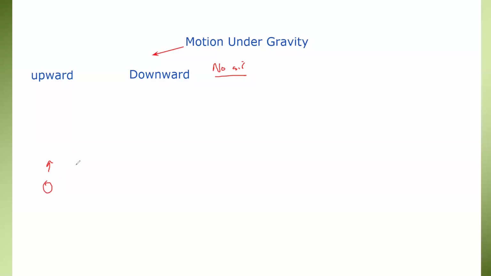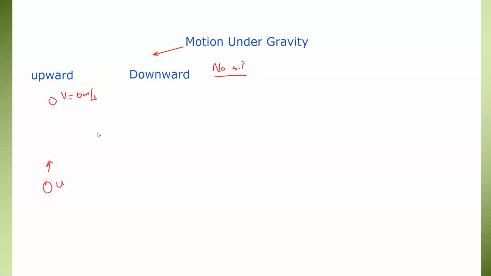What will be the initial velocity of this object? We call the initial velocity u. When the object reaches the maximum height, what will be the final speed? The final speed will be 0 meters per second, because at the maximum height, the object will stop for a very short time.